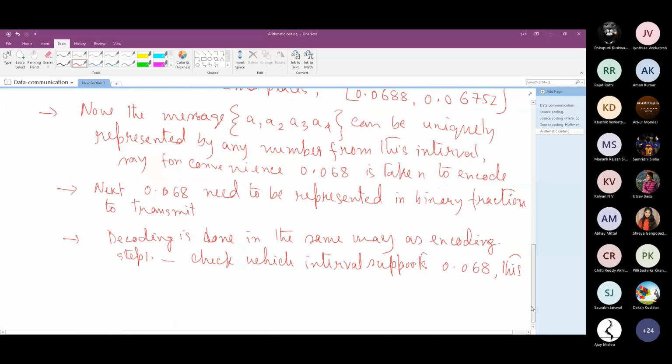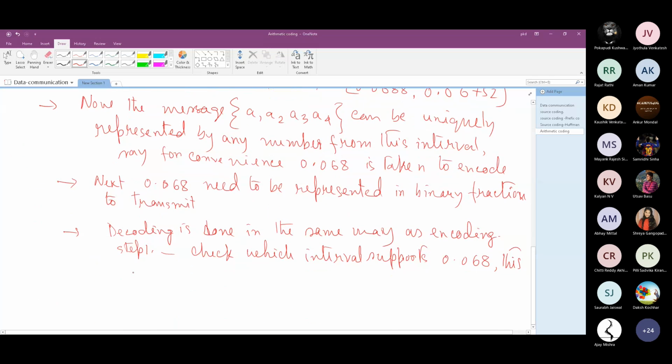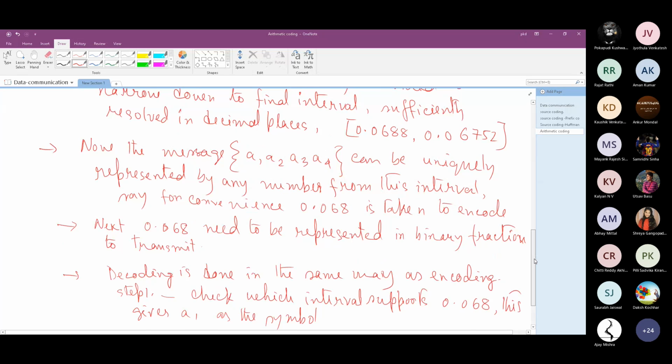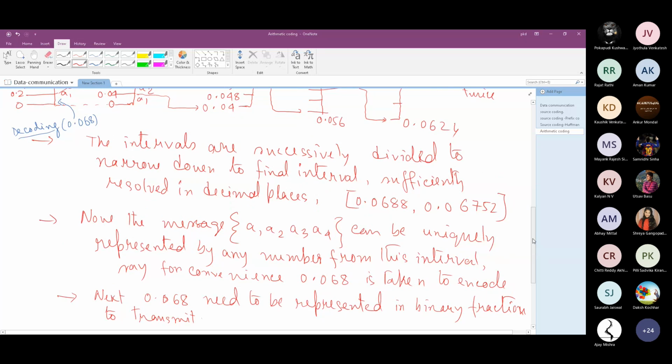But if we had taken A3, it would have been 0 to 0.4, but then shouldn't we arrange them in some fixed order? In that case the first symbol would be A3, no? Here it is given as 0.2, 0.2, 0.4, and 0.2.